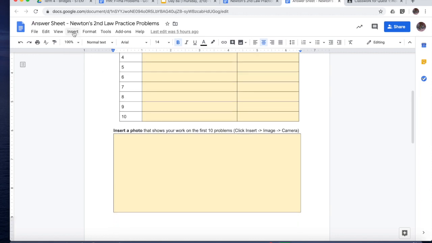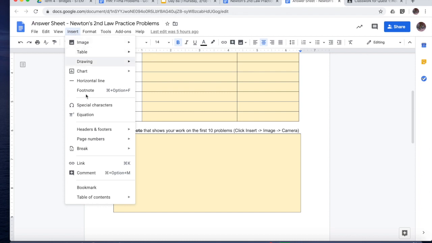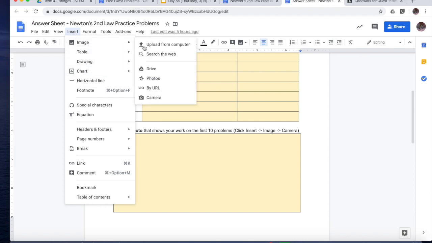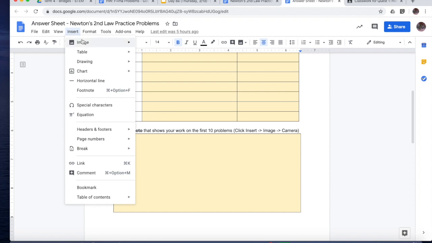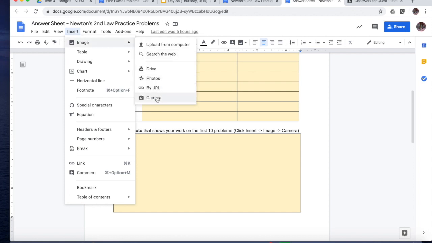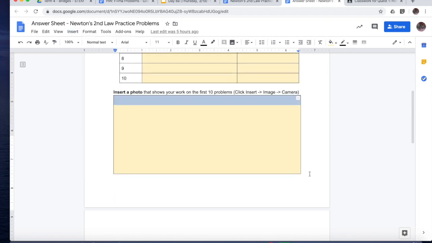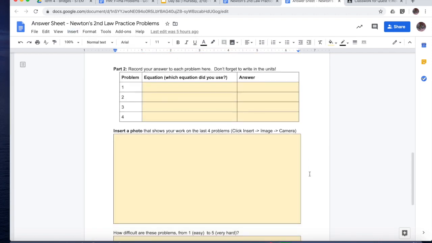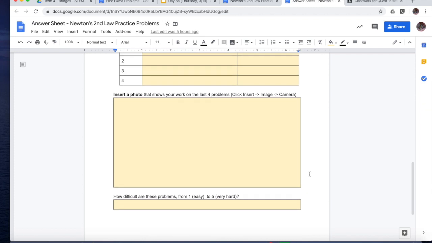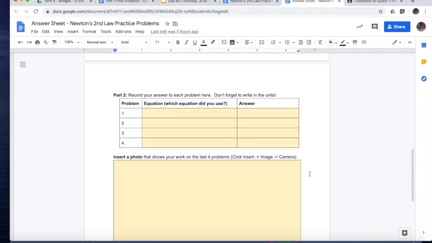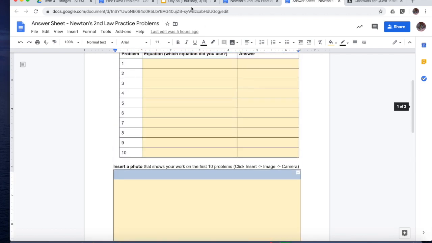You can do insert and image and go right to your camera, and it will just do your webcam. And then the same is true for the second bit. So, and then at the end, you'll just rate how difficult they are, and you'll go ahead and turn it in. All right, so once you finish those problems, go to Move and Break.